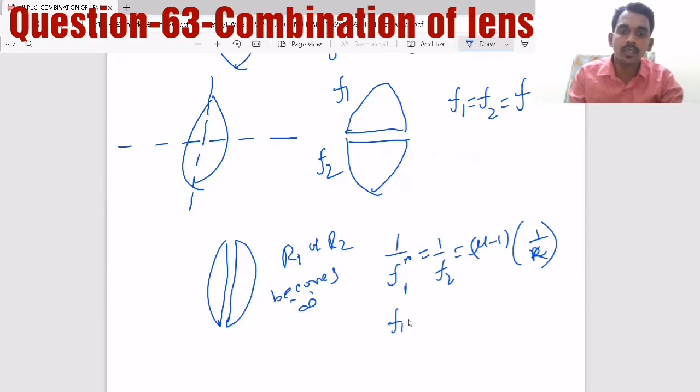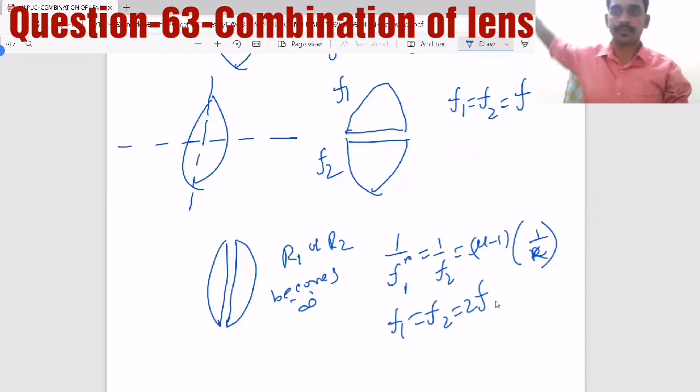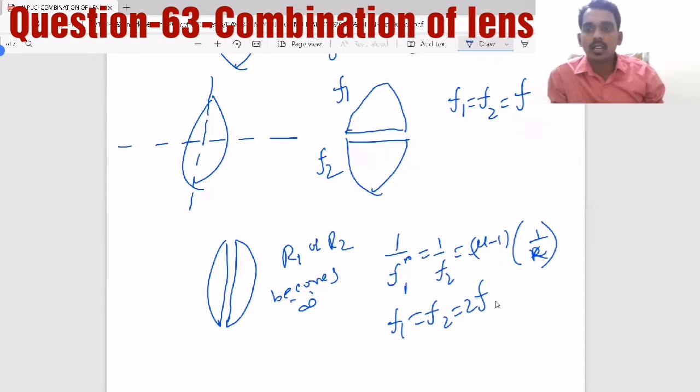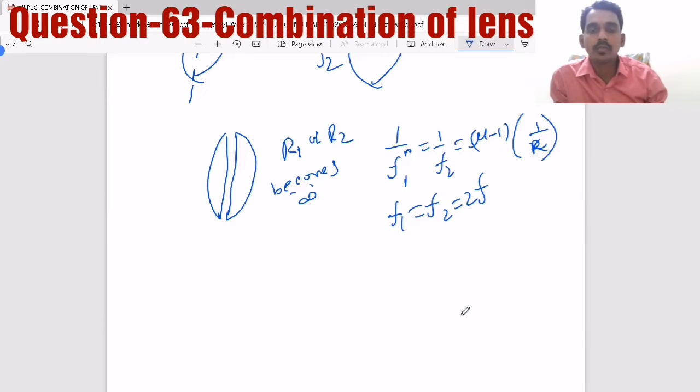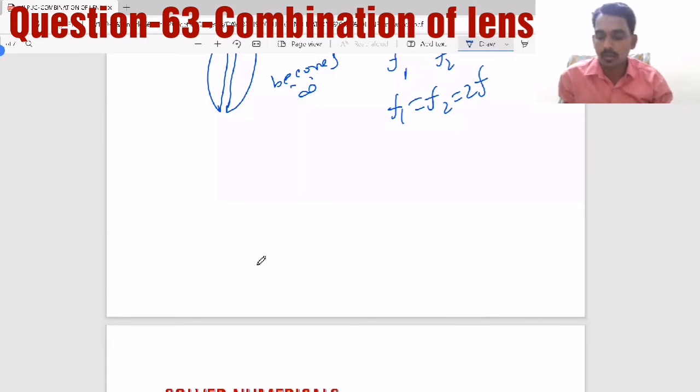That means f1, f2 both will become double that of the initial value. So when you cut along the principal axis, the focal length remains the same. But when you cut it along the perpendicular to the principal axis, the focal length becomes double.